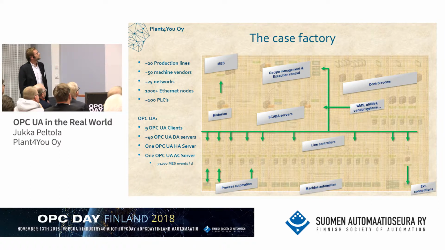It's quite good. 25 networks, actually one network for each process area, and also management networks. About 1,000 Ethernet nodes altogether, and about 100 PLCs altogether.